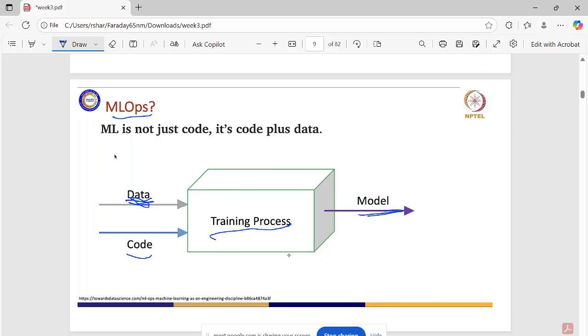So the software code is along with the data to be used. So what is the main difference between the DevOps and the MLOps is the data.